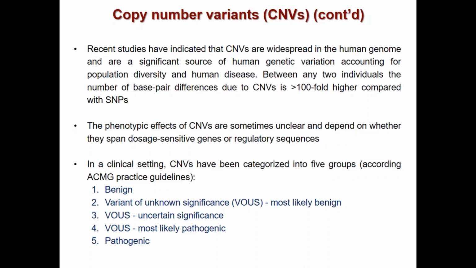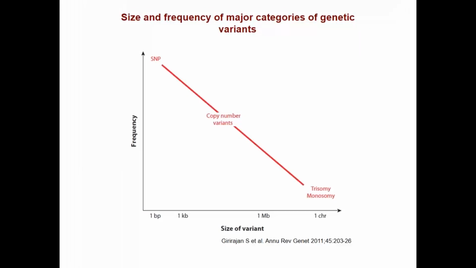And in a clinical setting, when we do this as a clinical diagnostic test, we have to categorize these CNVs into one of 5 categories according to the American College of Medical Genetics guidelines. They can go all the way from benign to pathogenic. These are the extreme ends. And then everything in between: likely benign, likely pathogenic, and a variant of uncertain significance. And there are rules or guides on how to make these interpretations.